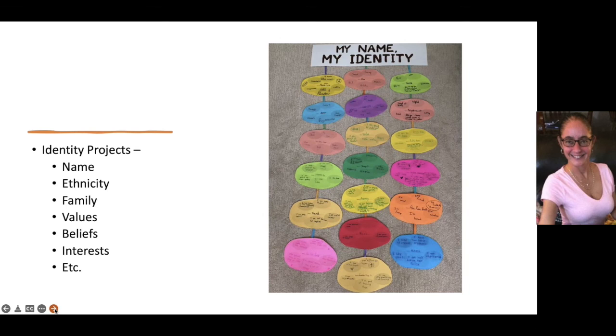It also might come with some values based on the meaning of the name, or a value that the student has applied to the name that they have. Also, that name might connect to some beliefs that the student has. It might connect to their interests.